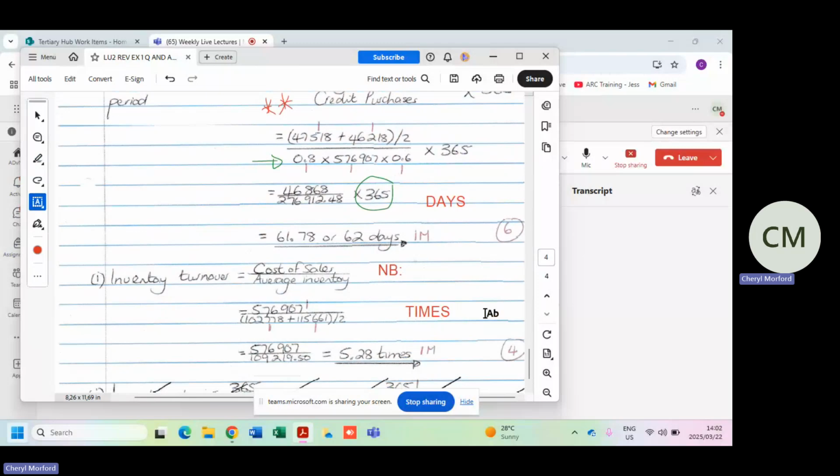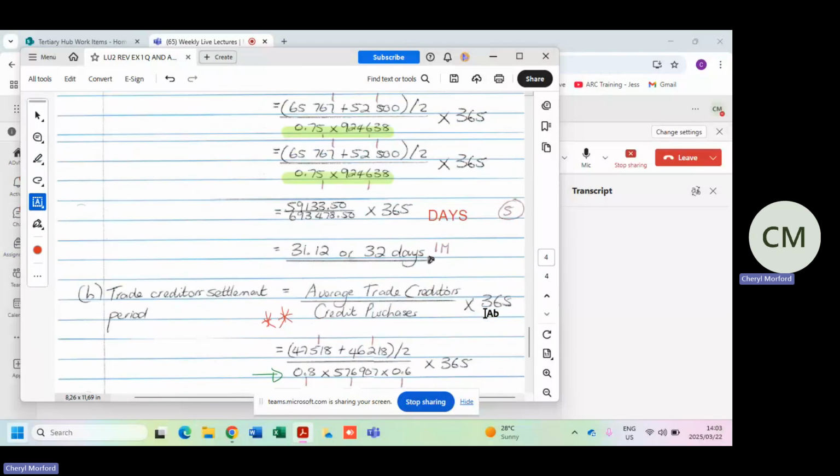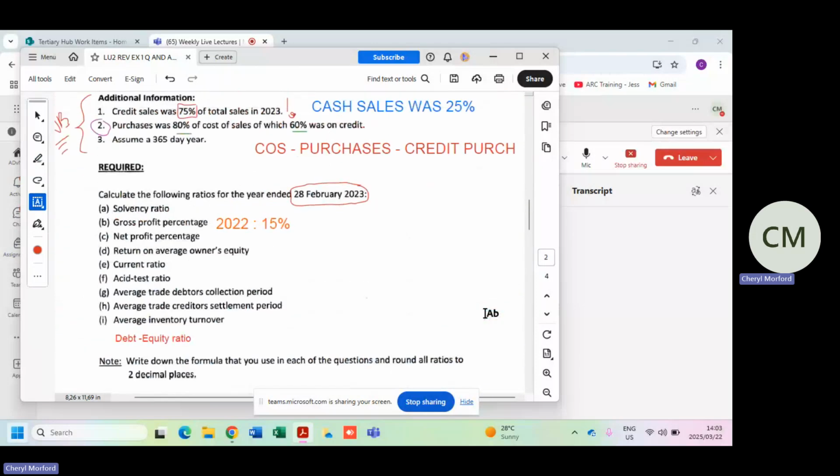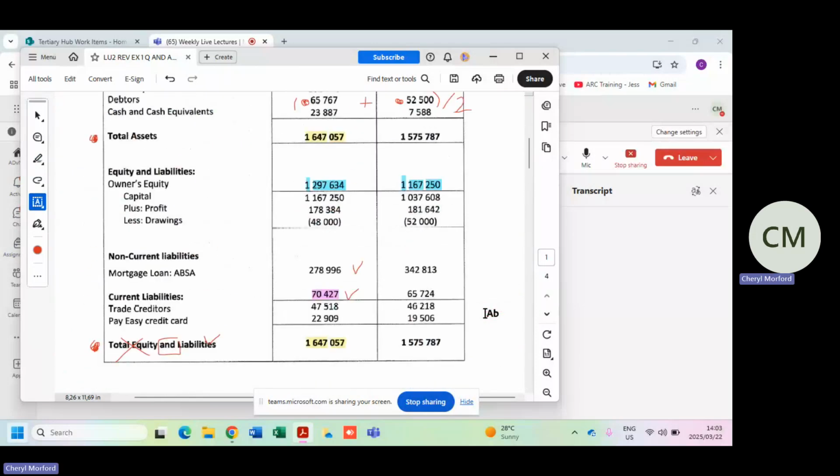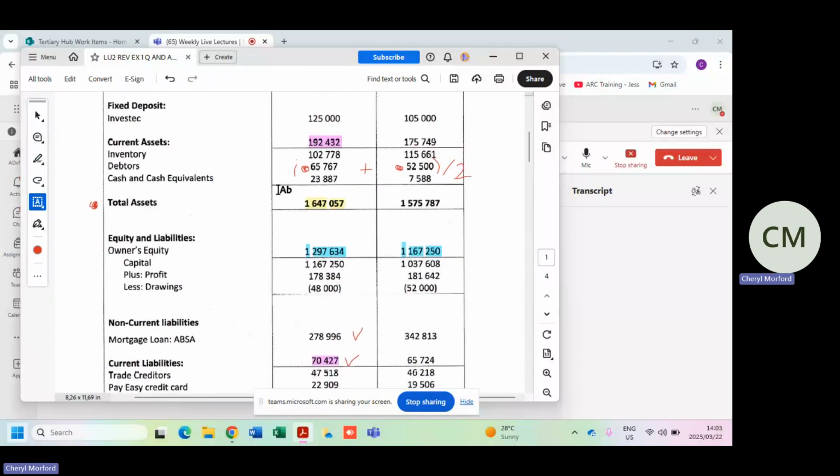So we're just going to take the cost of sales number. Remember to take the value for your two inventories. Where we're going to find it, obviously on the balance sheet. So where are the numbers? Over here. There's the inventory for 2023 in the green, and there's the value for the previous year.